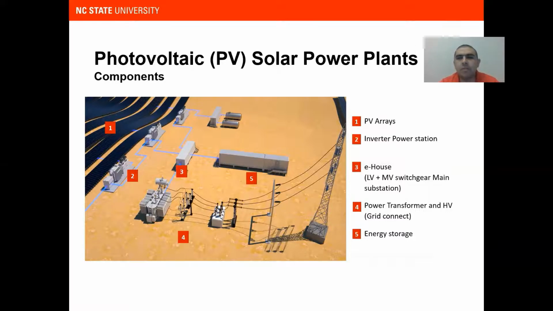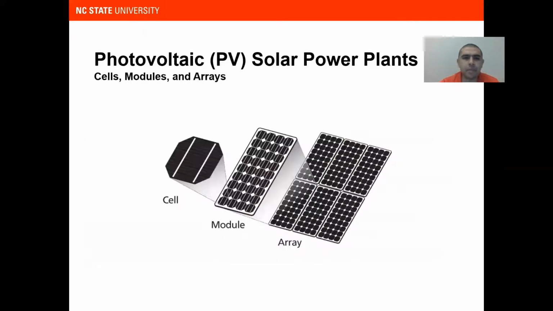We may mention something about it, but essentially it is not the main topic of the training. Okay. So let me talk in detail about the PV arrays. When we are talking about the PV arrays, I need to start by talking about the cell.